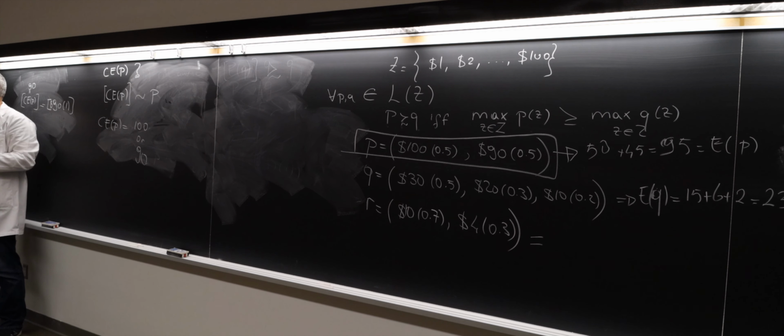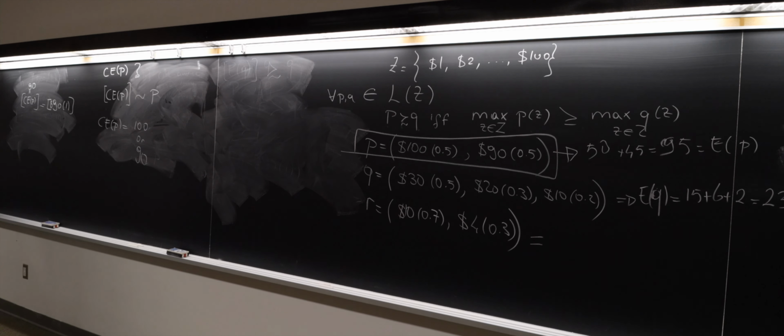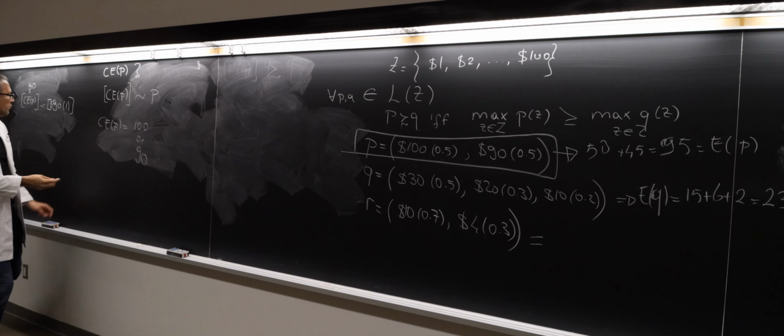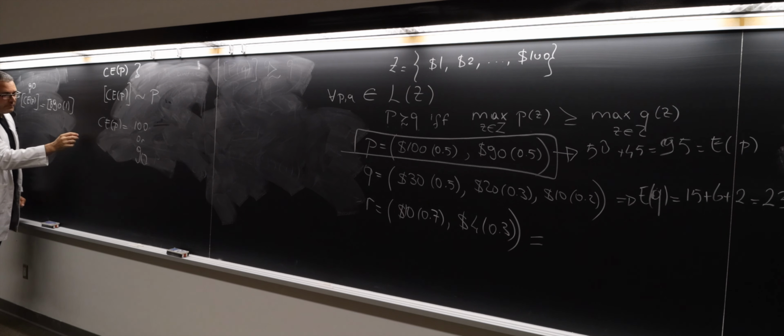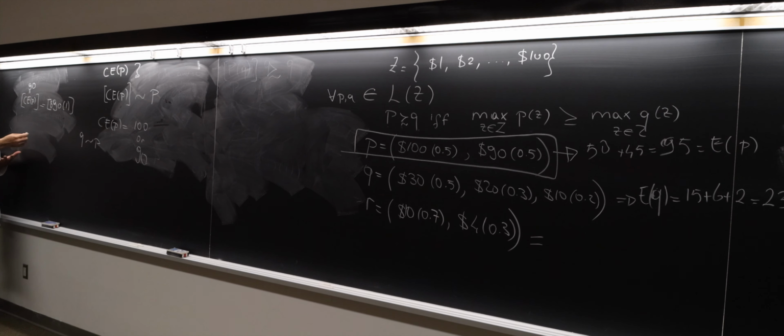But what is it then? The expected value of Q is the certainty equivalence. Okay, interesting. Well, because remember, we said JJ is going to be indifferent between Q and P, right? Then you're suggesting that the certainty equivalence of P must be equal to the expected value of Q, which is 23.